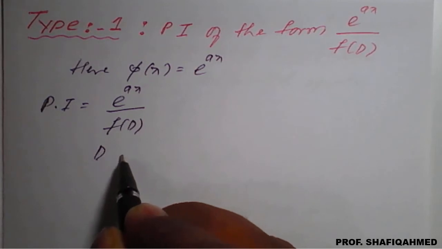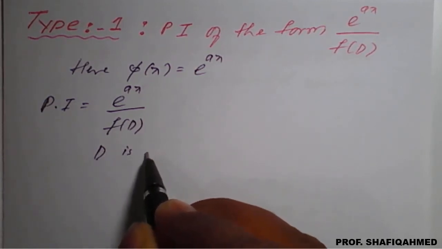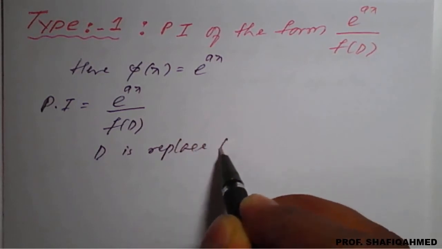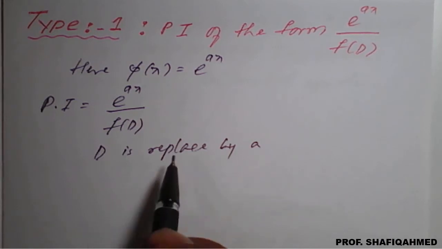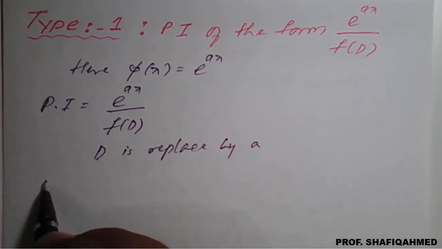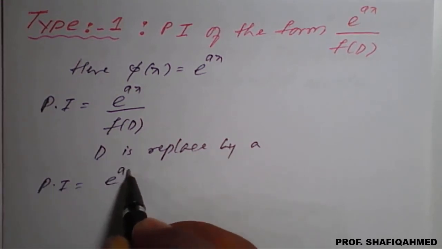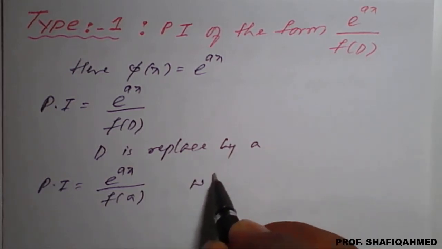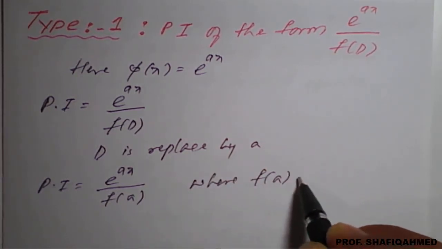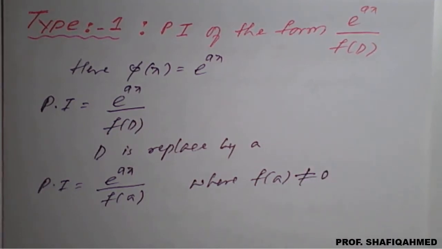So D is replaced by a. If you replace D by a, our PI will become e raised to ax divided by f of a, but the condition is that f of a should not equal 0.